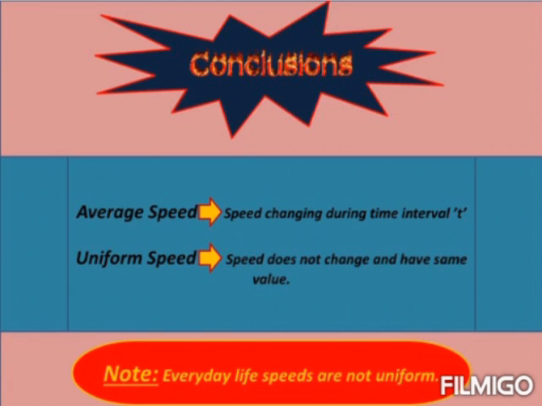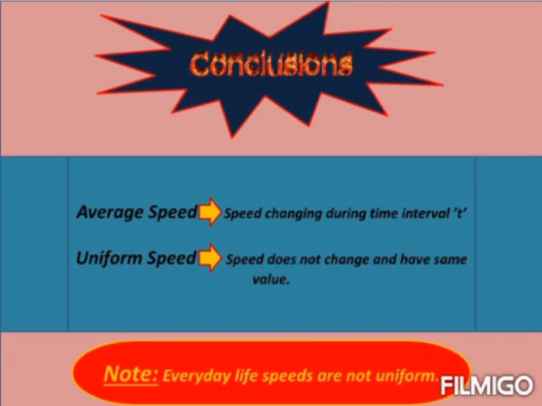Okay students, the conclusion of this topic is that in everyday life speeds are not uniform. Sometimes our speed changes in different time intervals. So if we have to find the speed for a specific time, we can calculate the average speed.